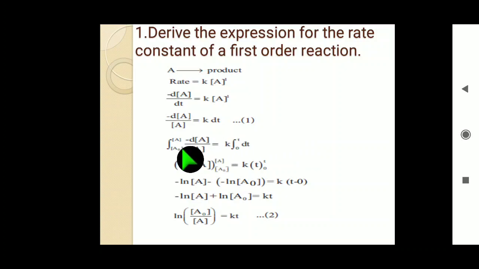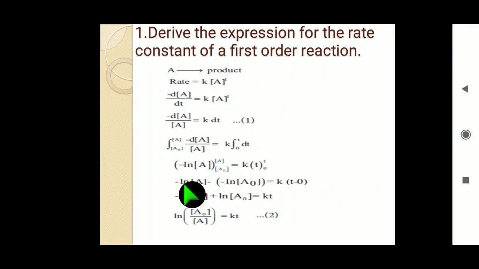After applying the integral with the limit, we can write minus ln concentration A with the limit A0 to A equal to rate constant k times the limit 0 to t.